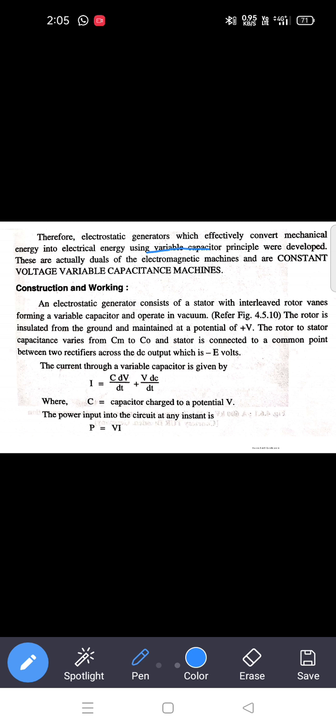These are actual tools of the electromechanical machine and are constant voltage, variable capacitance machines. So let's see the construction and working of this electrostatic generator. An electrostatic generator consists of a stator with interleaved rotor vanes forming a variable capacitor in a vacuum. Okay.